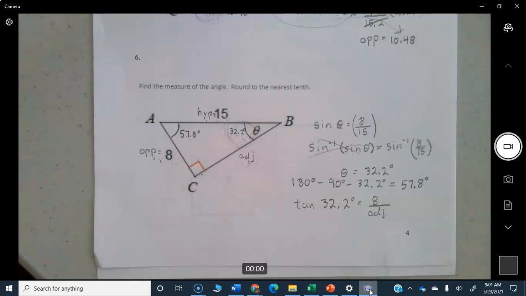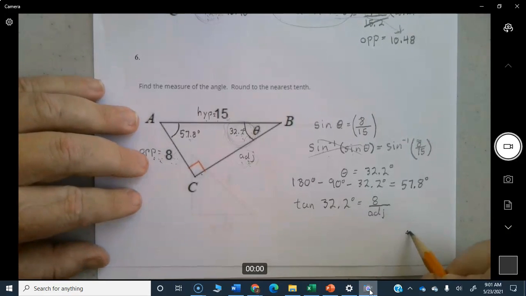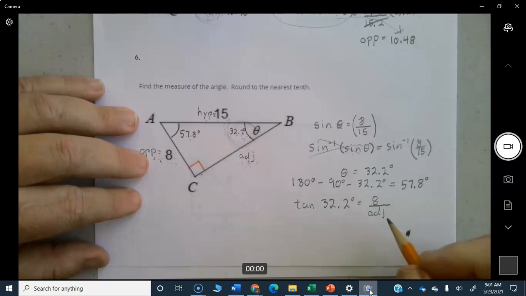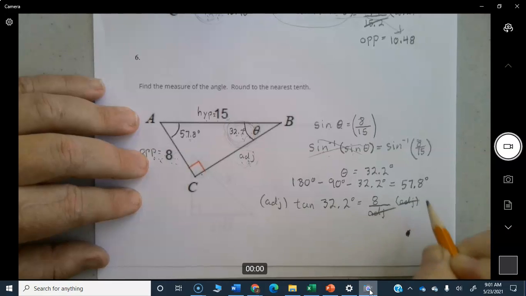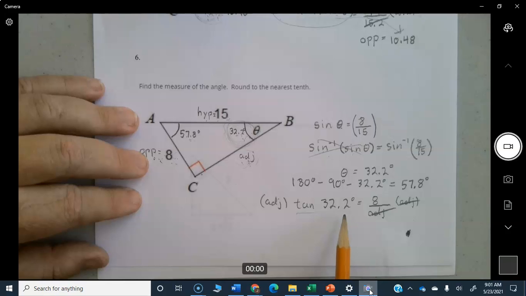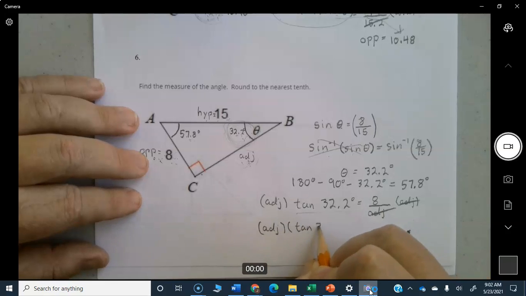So there you go. So now we got a 2-step algebra problem here. I'm going to scratch this out. It's in the way. We got to multiply both sides by the adjacent. And these cancel. And now you got to divide both sides by tangent 32.2. So let me rewrite what I have down here. Okay, so I just rewrote that down here.